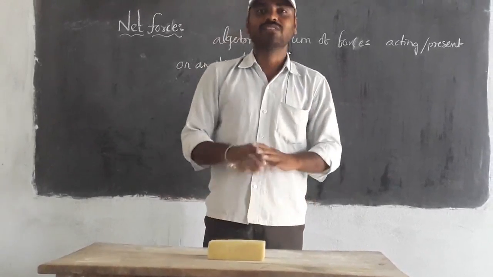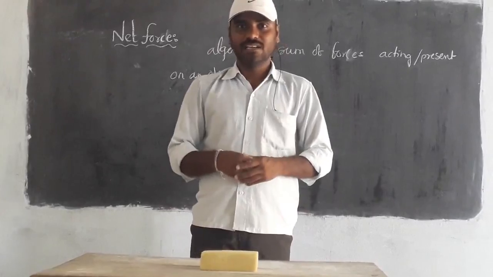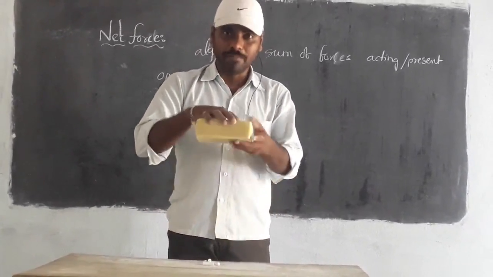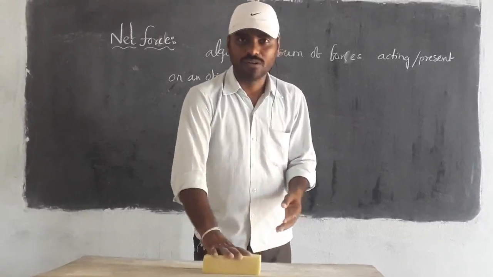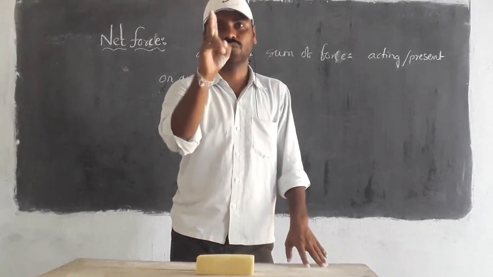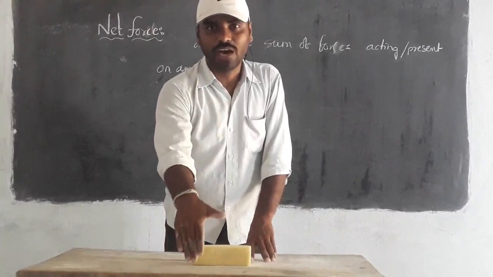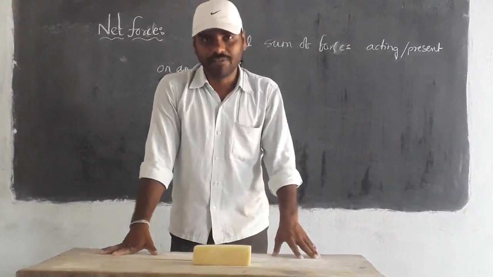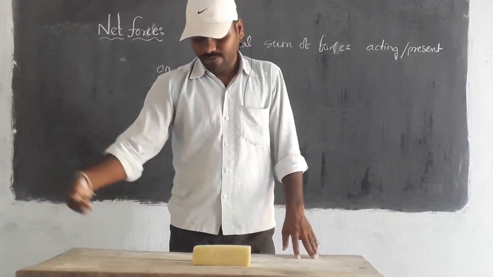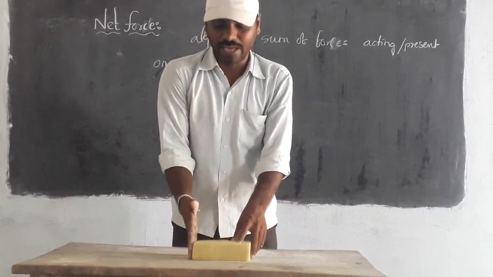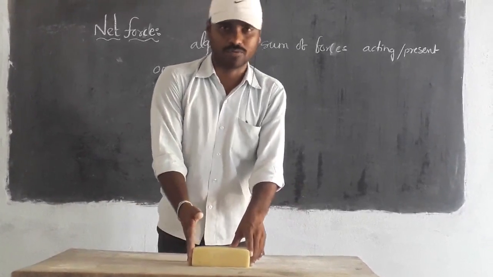From this we are able to understand. Right? We already discussed that when an object is present on a particular floor, we can notice two forces: upward, the normal force, and downward, the gravitational force. Then the force applied on the duster by my hand, we call the muscular force or applied force.